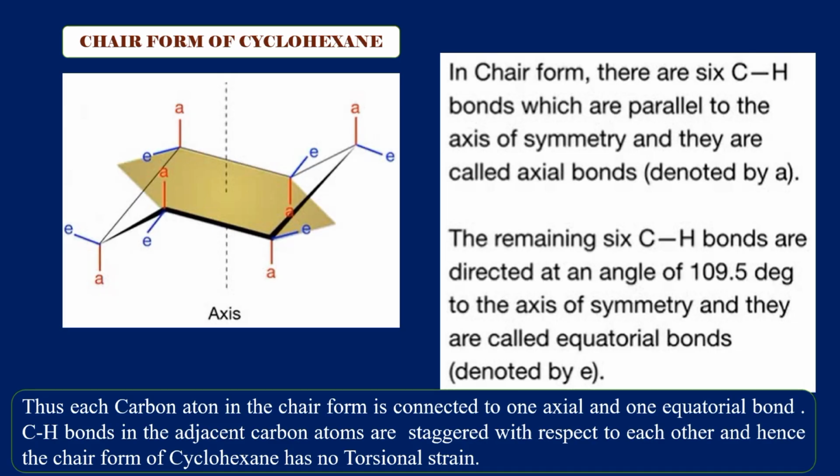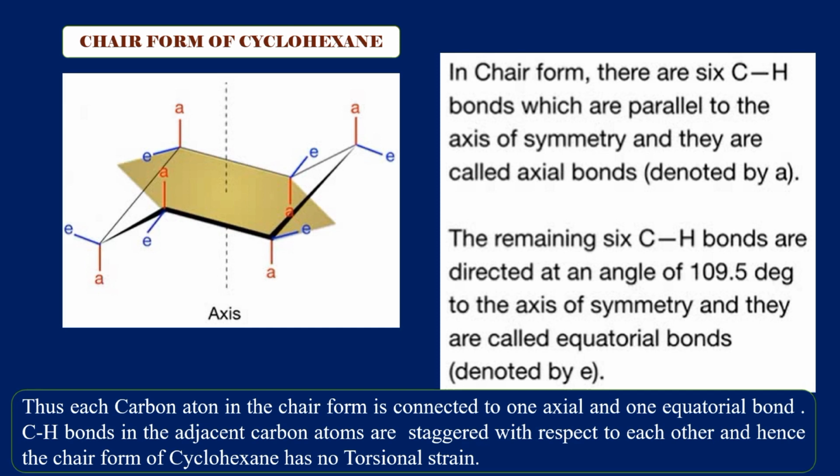In the chair form of cyclohexane, there is a principal axis of rotation present at the center of the ring, and all the CH bonds which are parallel to this principal axis are called axial bonds. All the axial bonds are shown with red lines here, and these are all parallel to this principal axis of rotation.